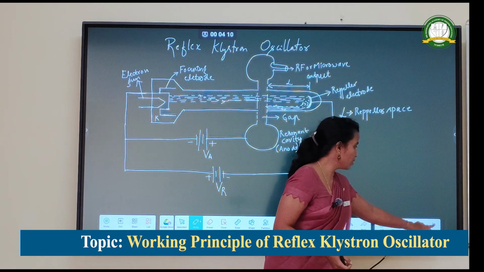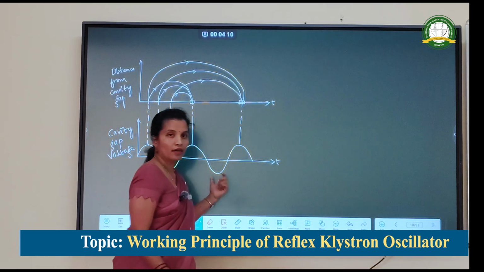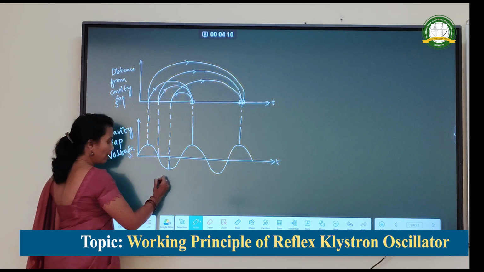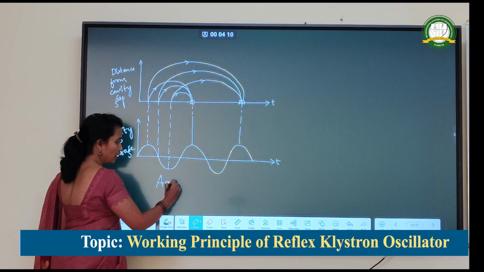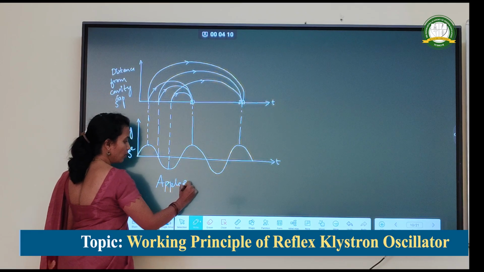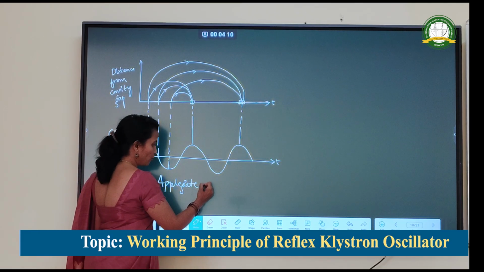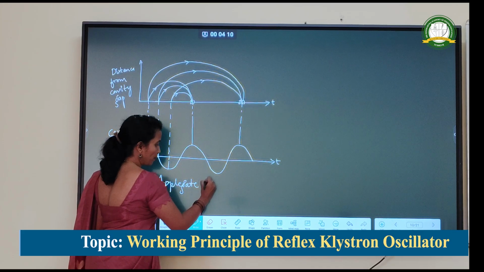With the help of this diagram. This diagram is called an Applegate diagram, which represents the mechanism of oscillation of the reflex klystron.